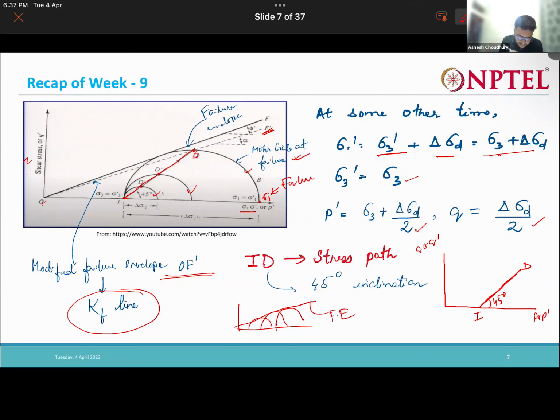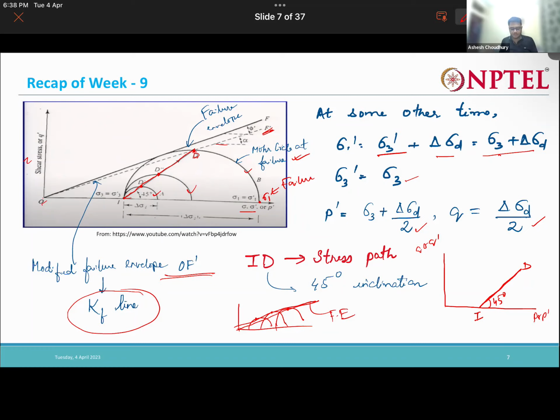And how will you get this modified failure envelope? If you join the coordinates of all these points, you will get your modified failure envelope. The modified failure envelope is inclined at angle alpha, and my failure envelope is inclined at phi dash.